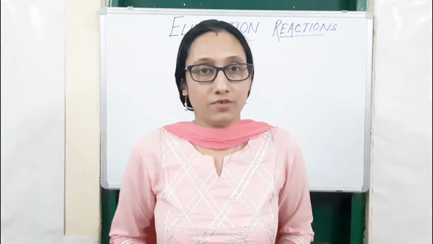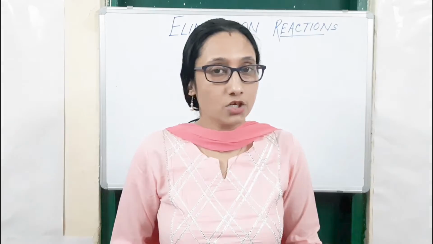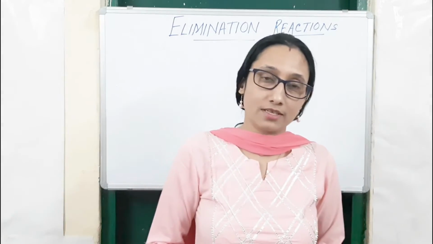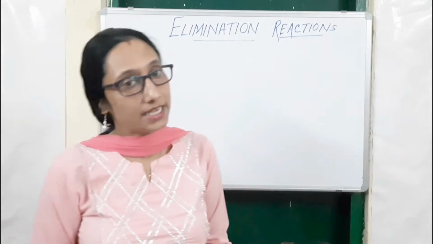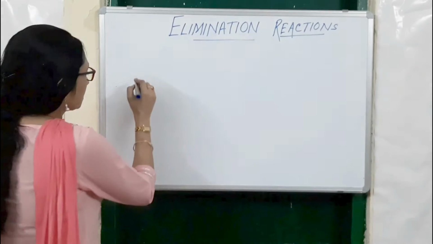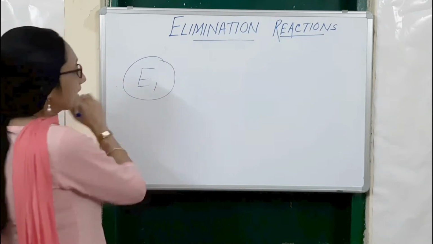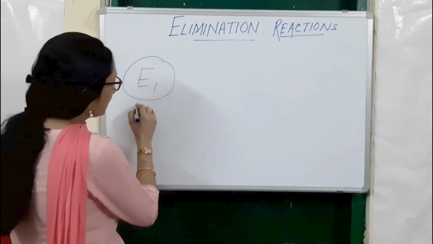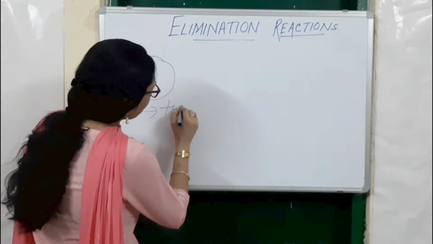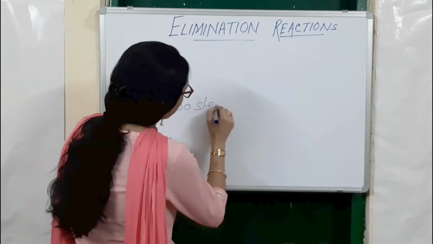In class 11, we have already discussed two types of elimination, that is E1 and E2. Let us recapitulate. Now this E1 elimination involves how many steps? 2 steps.